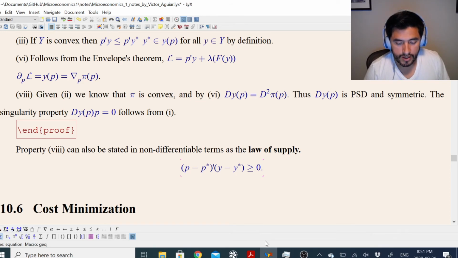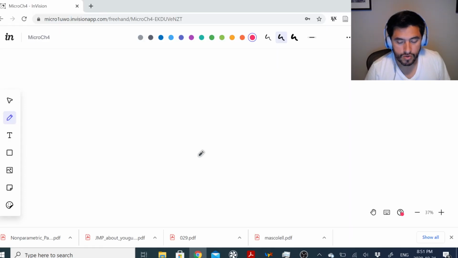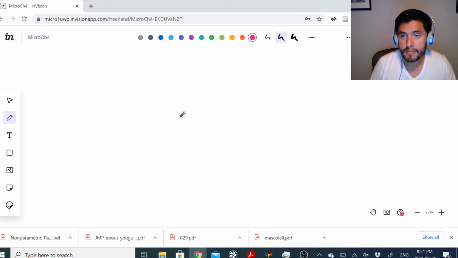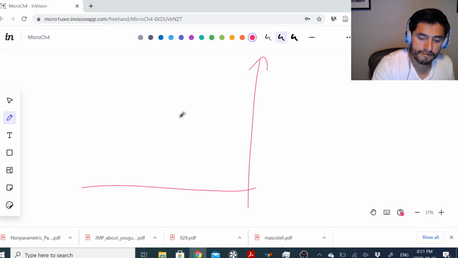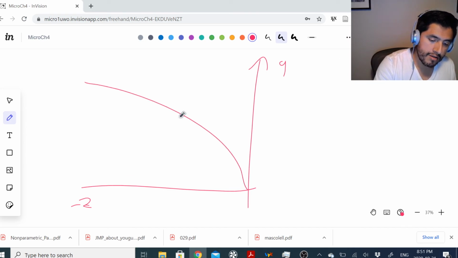So I want to quickly go to the property about supporting hyperplanes and how they describe the production set. So I'm going to describe the production set graphically. Here you have outputs, and here you have inputs, right, with a minus. And imagine this is a production set.